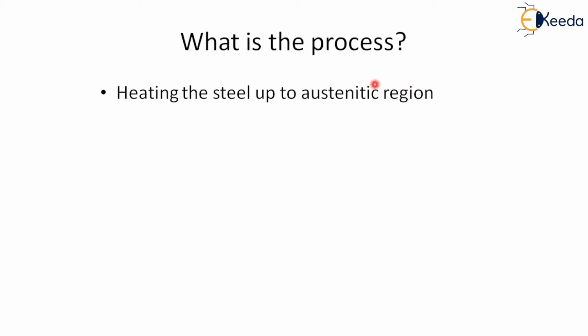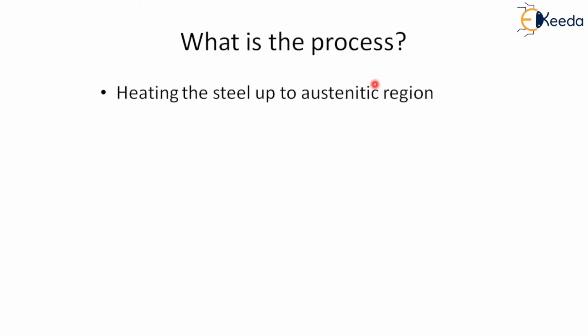Whatever material we apply the heat treatment process to, we must heat it until it reaches its austenitic region. If it reaches its austenitic region, automatically we can say it is ready for modification.